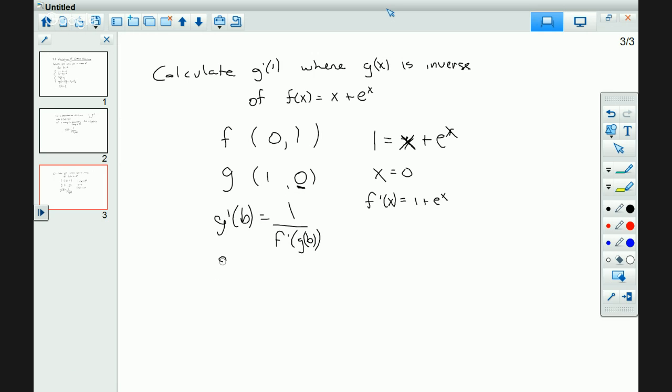So, g prime at 1 over f prime at g of 1. Right? What is g of 1? 0. What's f prime at 0?